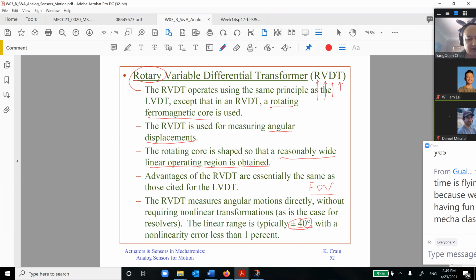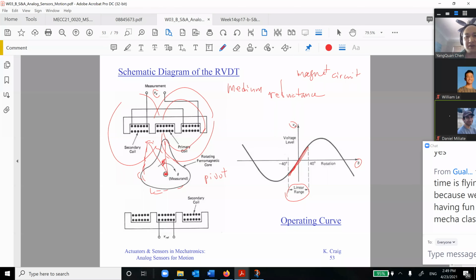So this nonlinearity is usually small here. Let me give you an example. In the middle, that's a primary coil, and a secondary coil on the left and the right. But here you have a pivot point, so you have a moving element.